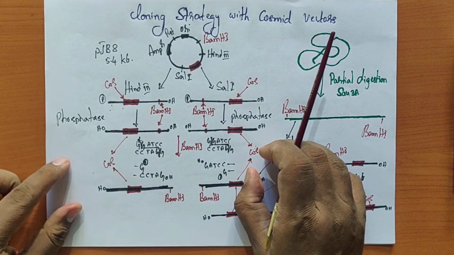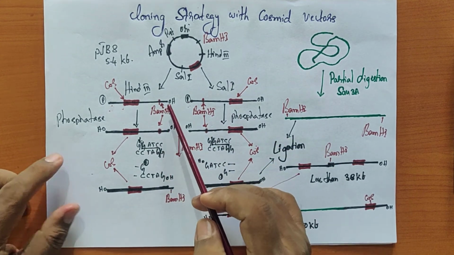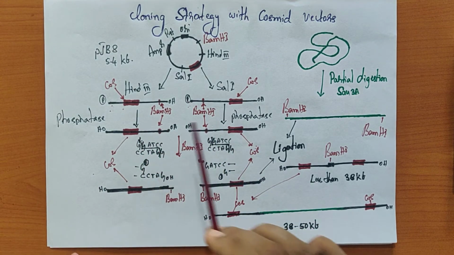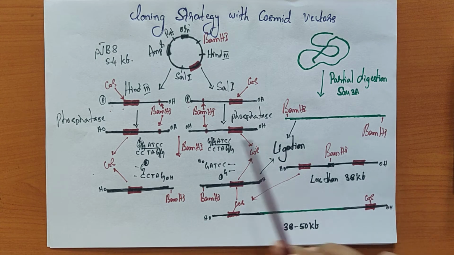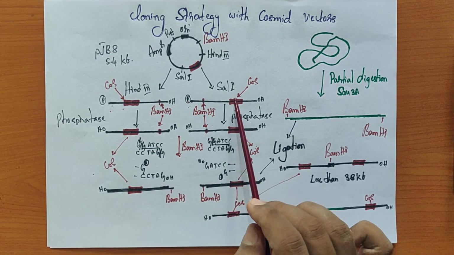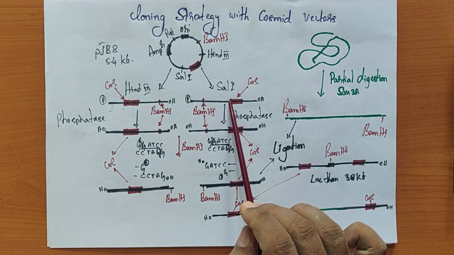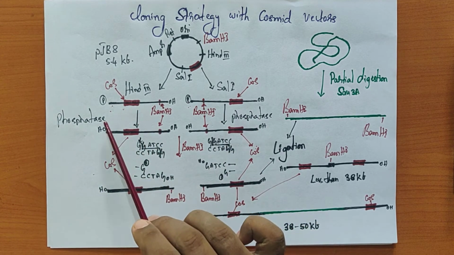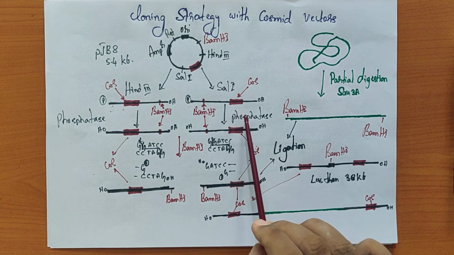Now in order to avoid the tandem repeat, or what you call linear polymerization, we treat both the DNA fragments with phosphatase. So we take this one treated with phosphatase, and we take this DNA treated with phosphatase.